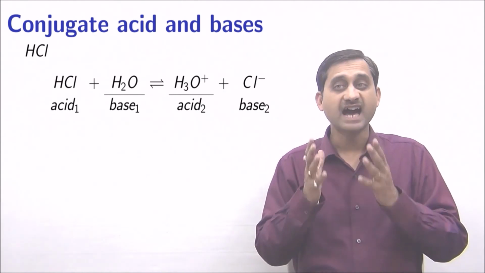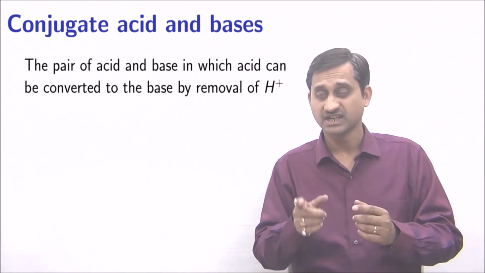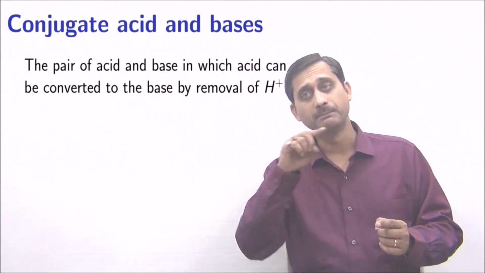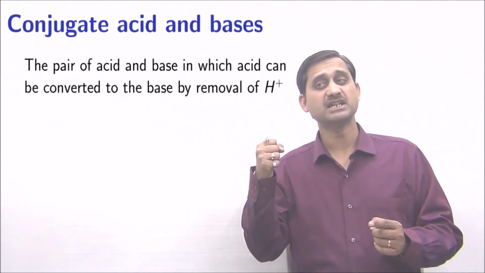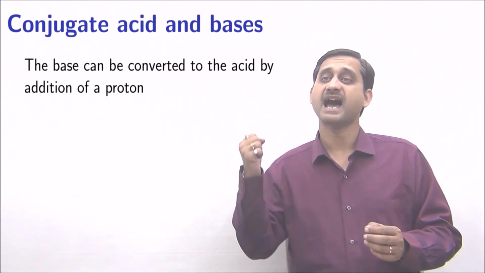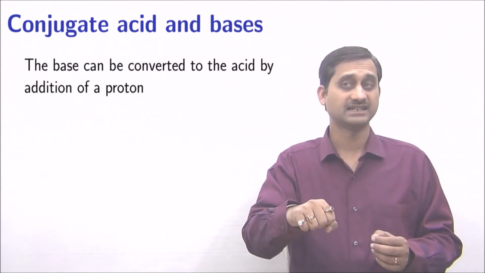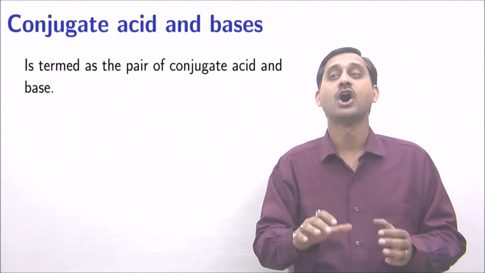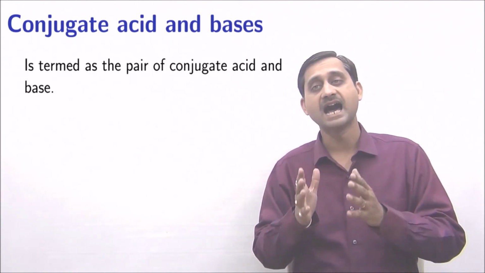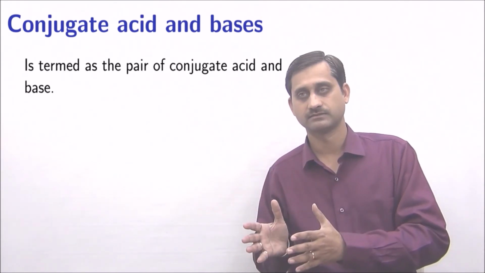The pair of acid and base, in which acid can be converted to the base by removal of H plus, and the base can be converted to the acid by addition of H plus, that is a proton, is termed a pair of conjugate acid and base. Hence, for HCl as acid, Cl minus is the conjugate base.